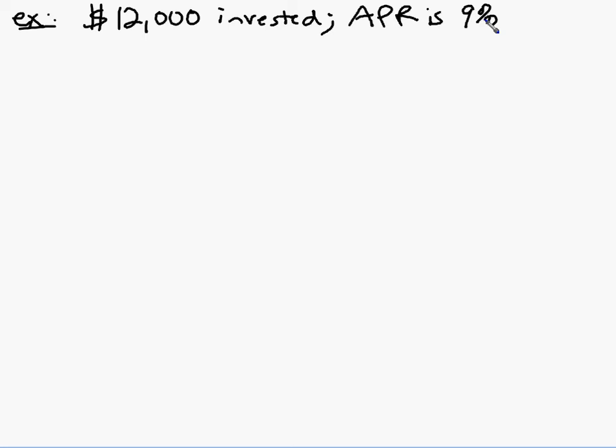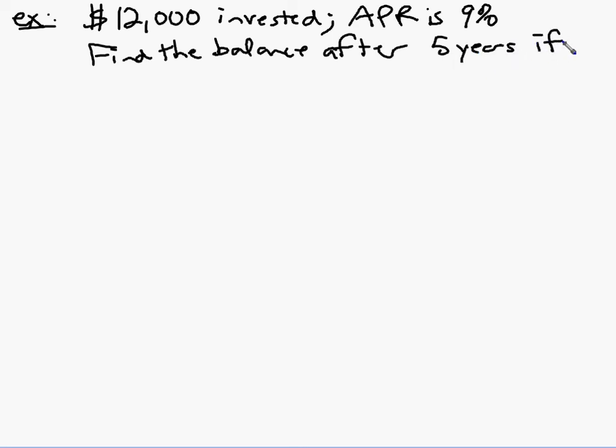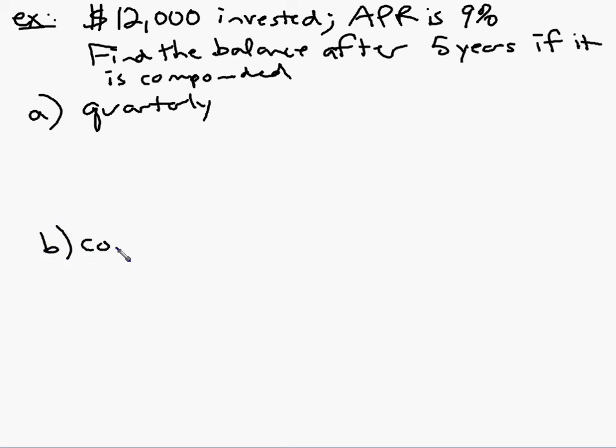And let's find the balance after 5 years if it is compounded A, quarterly, and B, continuously.